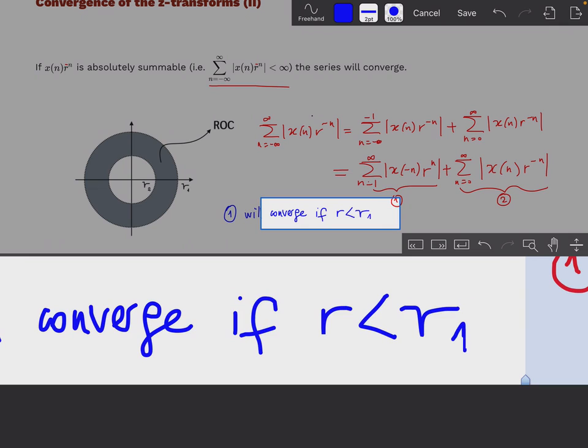We don't know which r1, it doesn't matter at the moment because we don't have x of n, so it's not our worry right now. We just know that the first part is going to converge if r is less than r1, because now we have elements with negative time indices for x of n and a positive exponent for r.